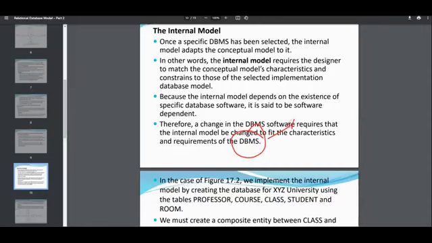Definitely software, right? No hardware. A database management system is talking about software. So different software can be used to manage databases, right?